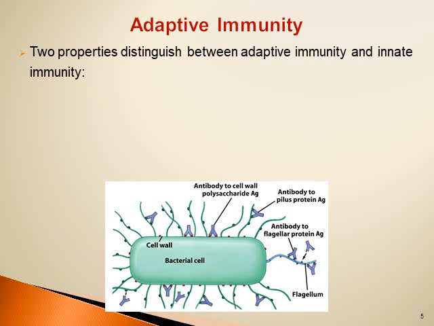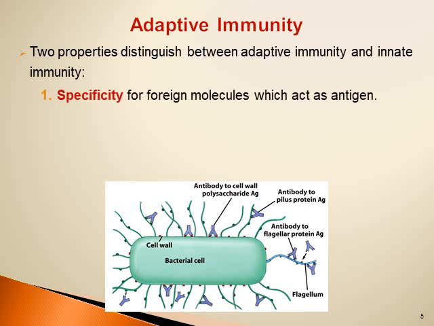The adaptive immunity has two properties that distinguish it from the innate immune response. These are specificity for foreign molecules which act as antigens. So the adaptive immune response reacts to certain specific antigens.